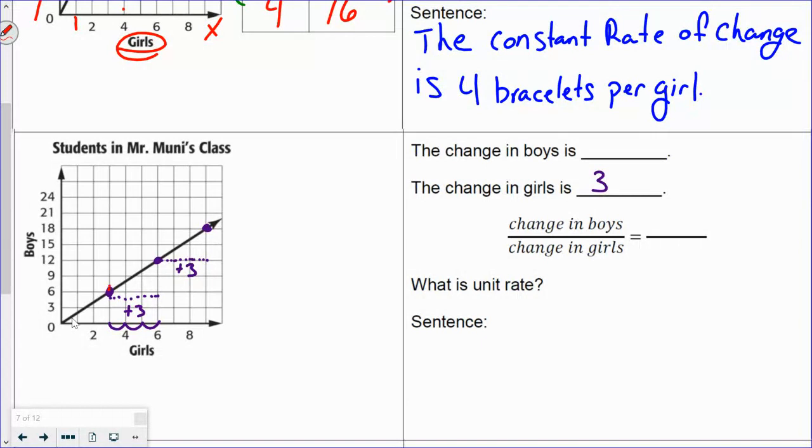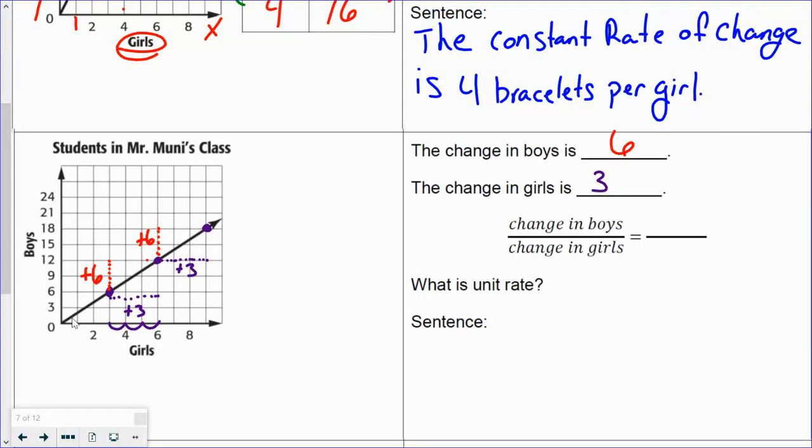How do I change going from this point up? Because that's where my other ordered pair is. Well, I went from 6 to 12. So that went up 6. And then this time, I went up 6. All right. So then we have 6 boys is our change there.